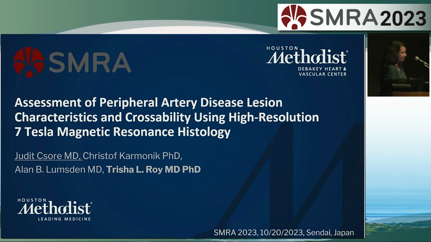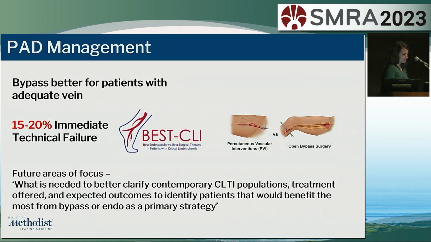So, continuing, revealing how our MRI histology method can aid personalized treatment planning for PAD. I already mentioned the BEST-CLI trial, where patients with adequate vein showed better outcomes with an endovascular-first approach, and this trial showed a 15 to 20% immediate technical failure.